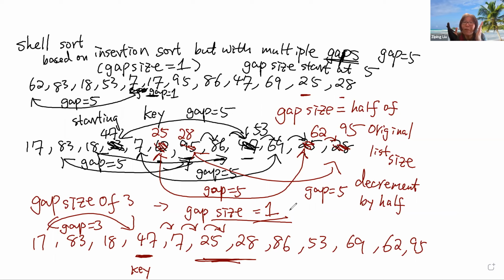So this is called shell sort. In shell sort, the idea is you choose some gap size so that you can get the out-of-order numbers to move more quickly to their right location. And you end with a gap size of 1, so it's the insertion sort.